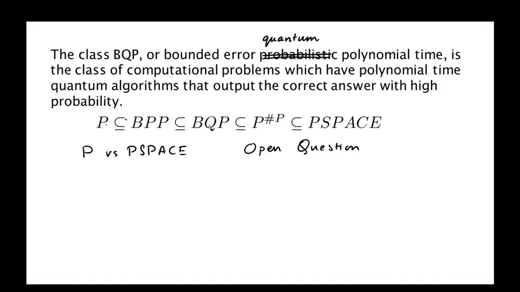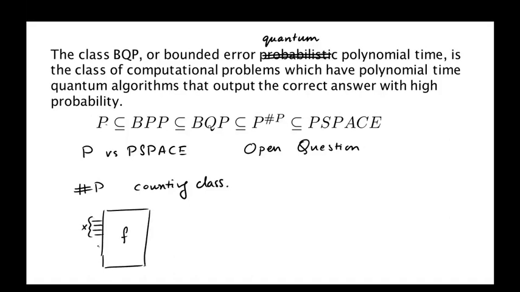Now what's sharp P? Well, sharp P is the so-called counting class. It's a complexity class having to do with counting. So let's say you have a circuit, so you have some function f which maps x and y to f of xy.